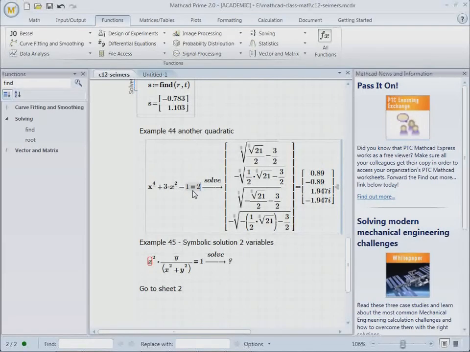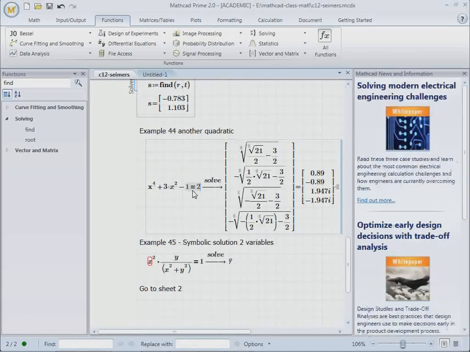A colon equals is assignment. You're assigning something to a value. Bold equals is control equals. Solve symbolically.